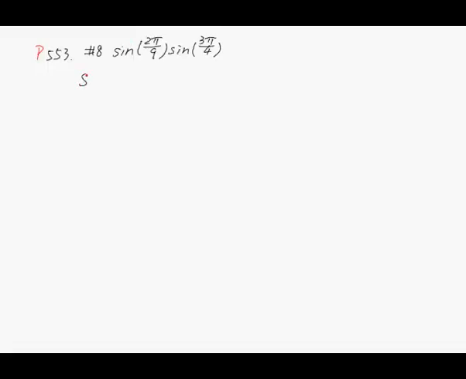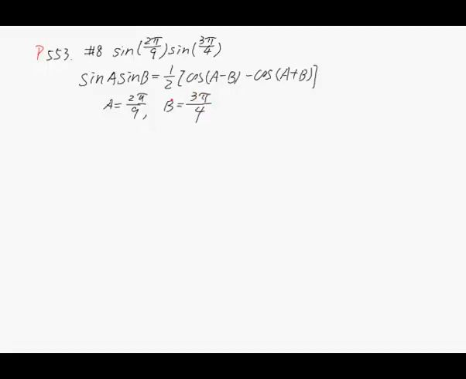So we have sine A times sine B equal to 1/2 times cosine of A minus B minus cosine of A plus B. Right now, A is equal to 2 pi over 9, and B here is equal to 3 pi over 4.